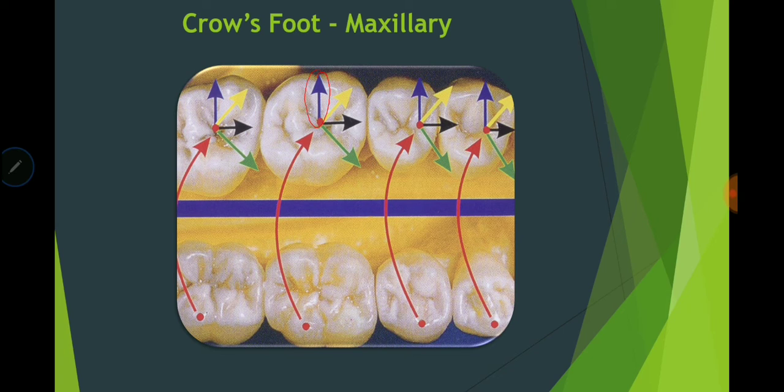So this is a protrusive movement. Okay, and the green is pointing to the supporting cusp. So this is a non-working. The principles that we discussed in the previous lecture, now you can see how they apply this way.